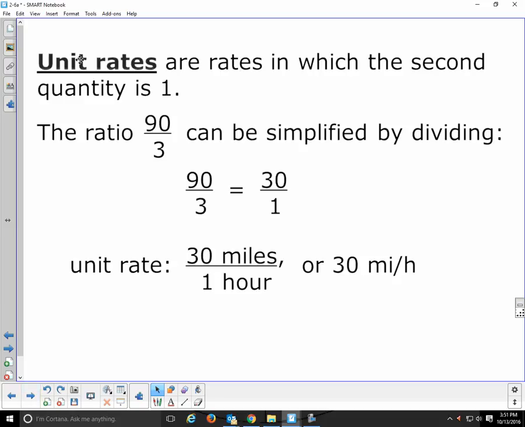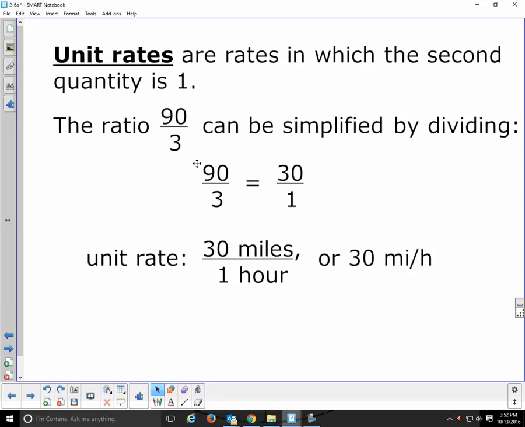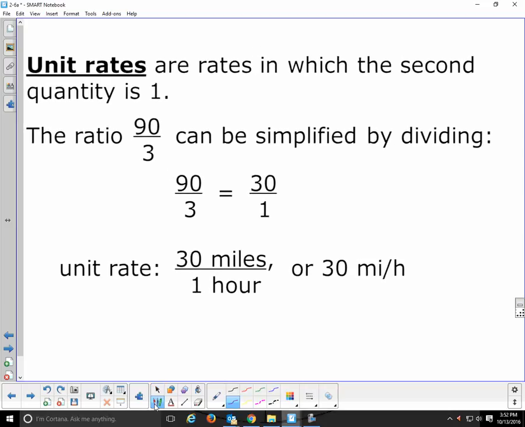A little more vocabulary. A unit rate is a rate in which the second quantity is 1. So an example of that is most people don't talk about how fast they're going and say, I was going 90 miles per 3 hours. This is not how we talk about speed. 90 miles in 3 hours, that's the same as 30 miles in 1 hour.